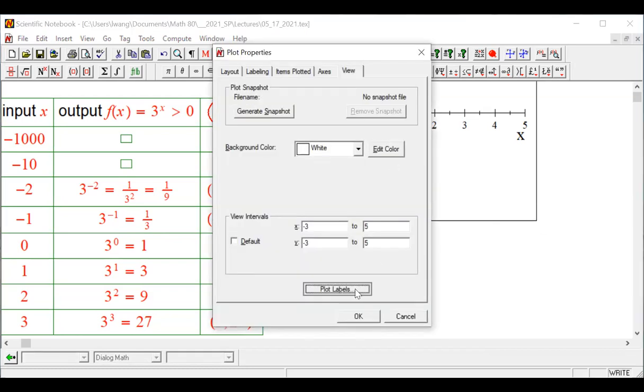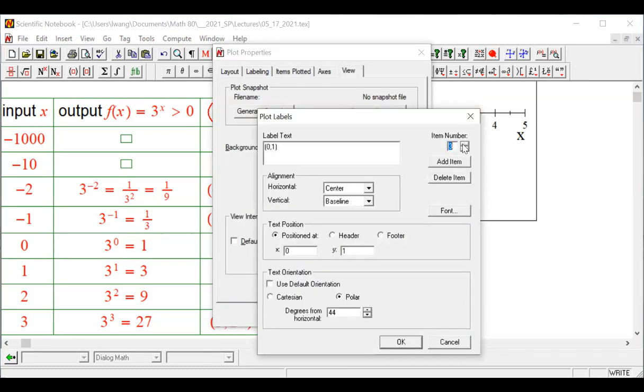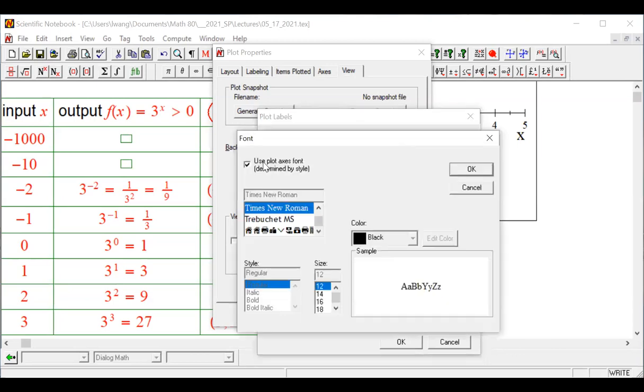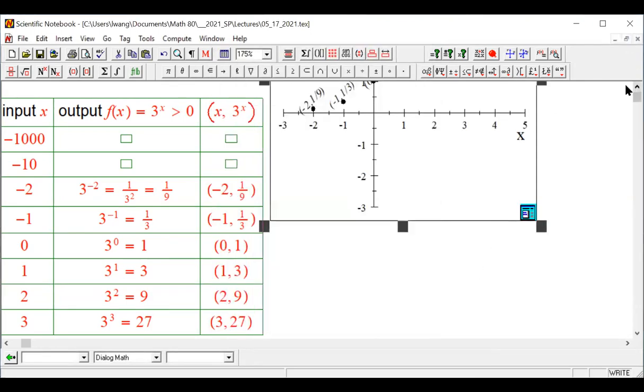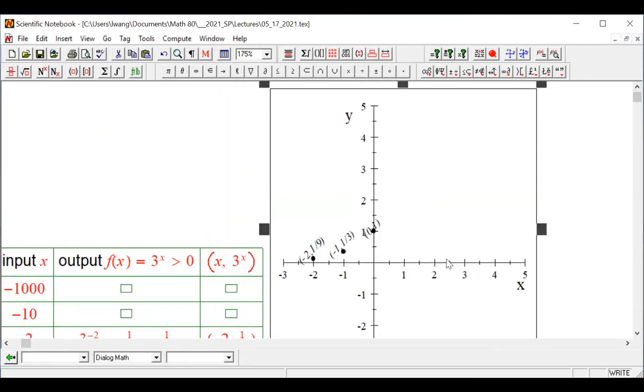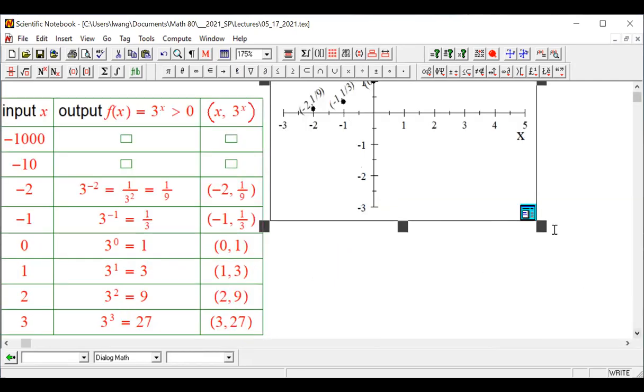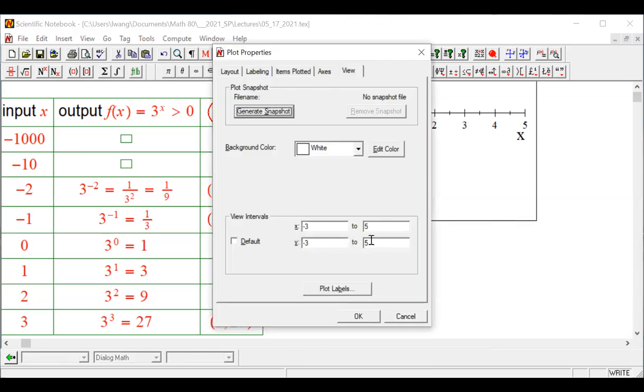I need to adjust the fonts. The fonts sometimes are just exaggerated, too big. There. Let's see if that's better. 0, 1. That doesn't look very good. Okay, I don't like it, so I'm going to just move up a little bit.